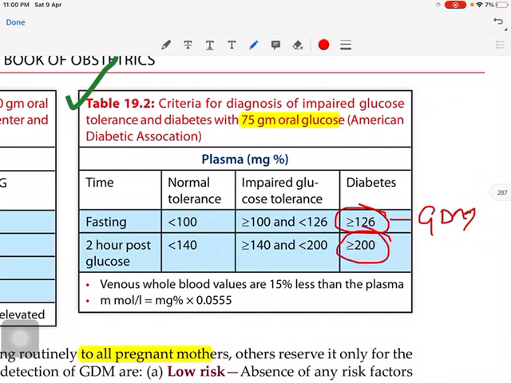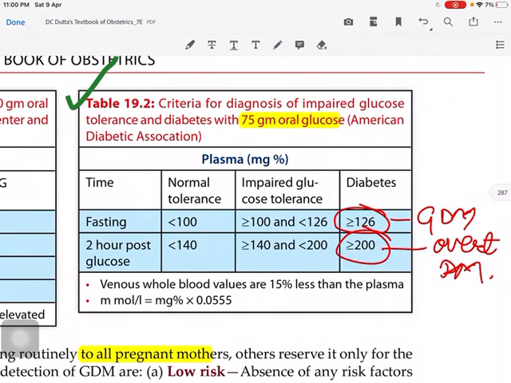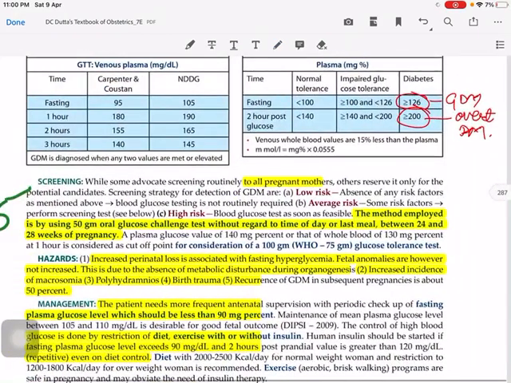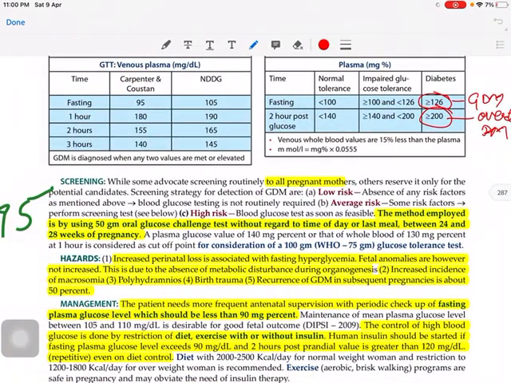If it is more than 200, this is again your overt diabetes mellitus. And these both are OGTT values, that is, after 2 hours.